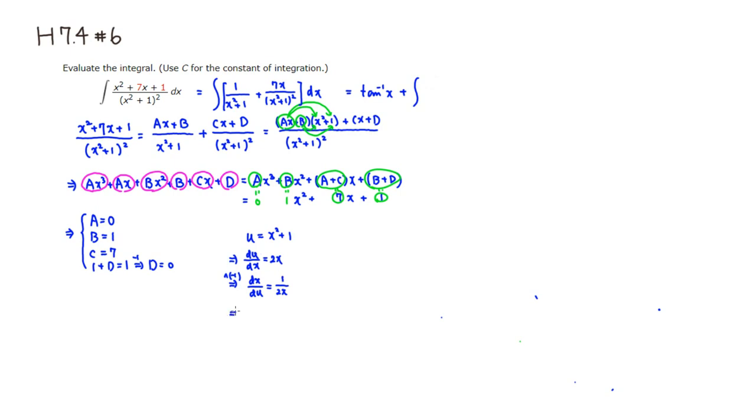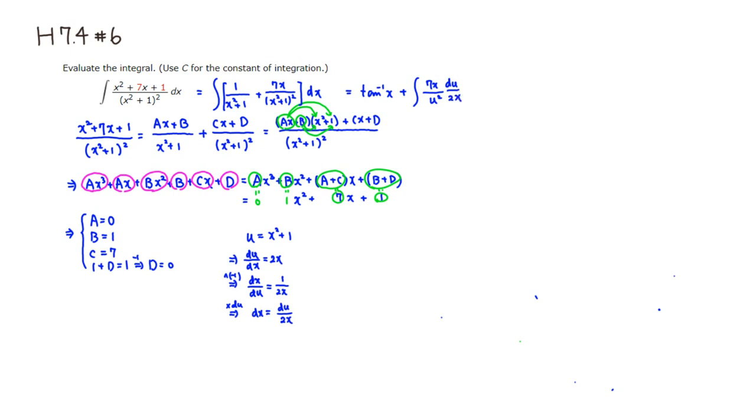Then we can multiply through by du to get dx is equal to du over 2x. You have a 7x on top, so I'll leave this alone. Then x squared plus 1 replaced by u. Then you have to square that. And dx is equivalent to du over 2x.